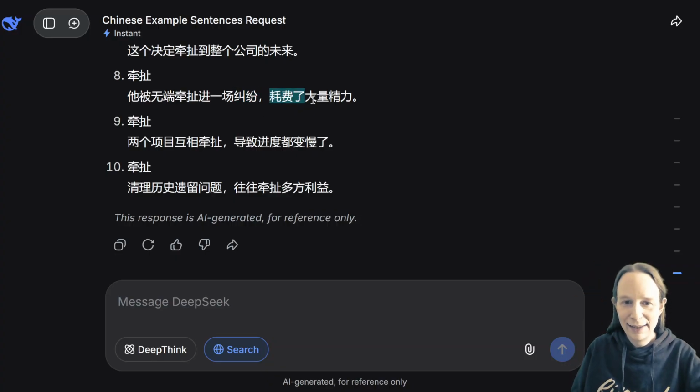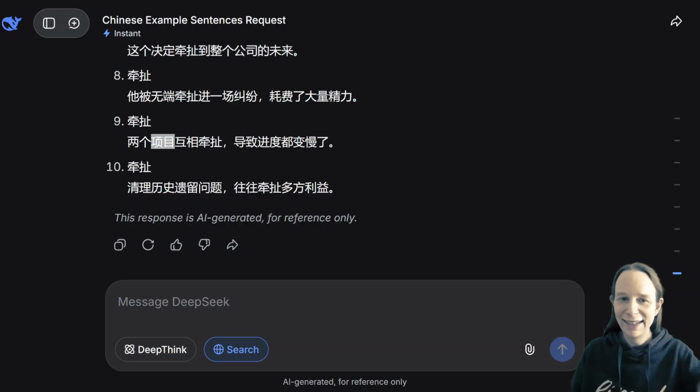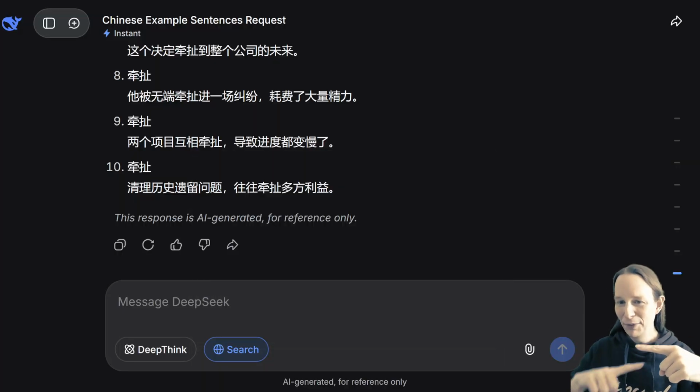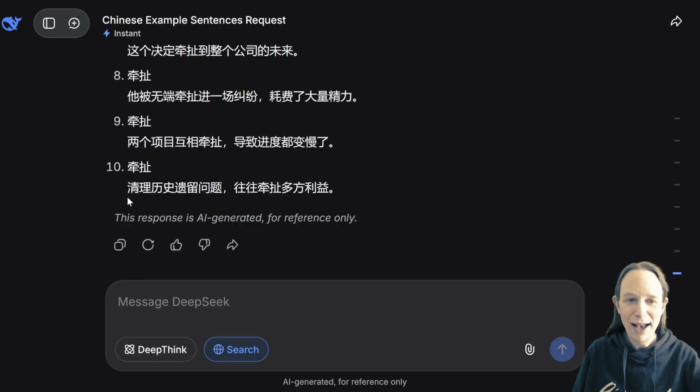Someone's arguing, spent a lot of spirit and energy, I don't know. 两个项目互相牵扯，导致进度都变慢了. Okay. So two items were, I don't know, interrelated, and it resulted in progress slowing down. Presumably, like one could not proceed because of the other, and this one could not proceed because of that one, and they kind of just came to an impasse or something.